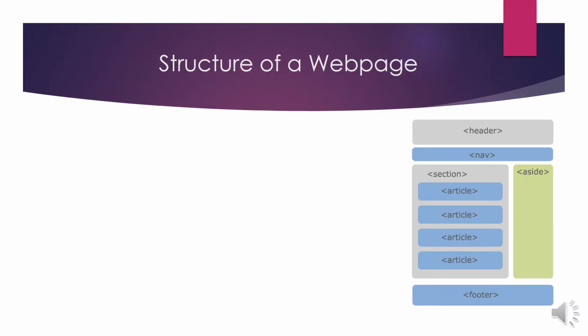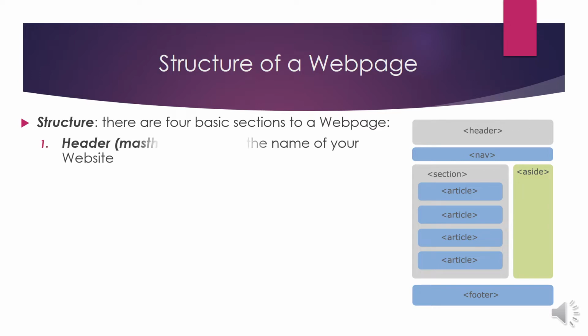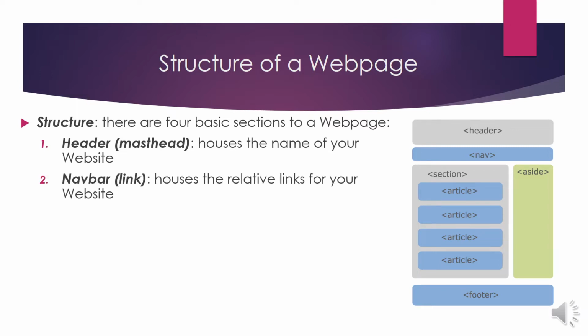Welcome back to this PowerPoint. We're going to now look at how we structure a web page. In this chapter, we are going to find there are 4 basic sections to a web page. You have the header, which will include our masthead. This houses the name of your website. You have the nav bar, which houses the relative links for your website.